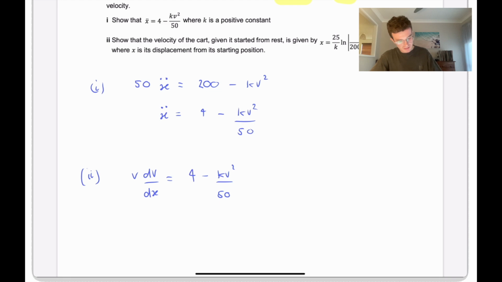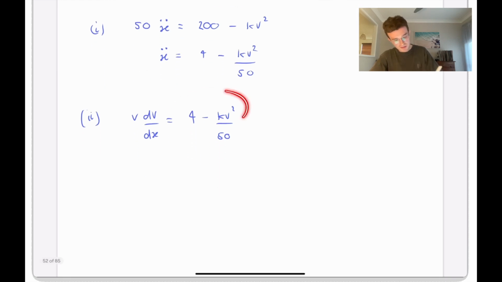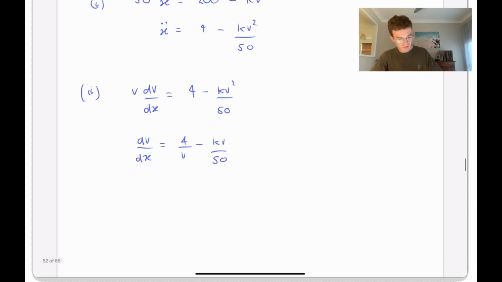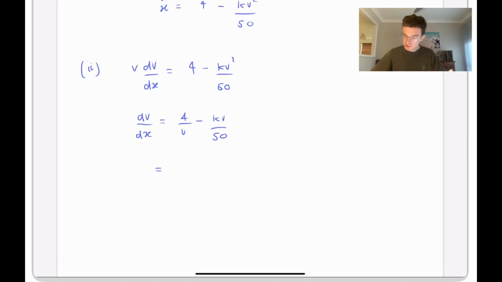The next thing we're going to do, I might make this a single fraction. Or actually what we might do first is divide both sides by v. So dv/dx is equal to 4 on v minus kv on 50. We might now make it a single fraction.